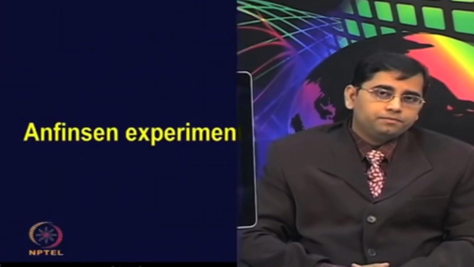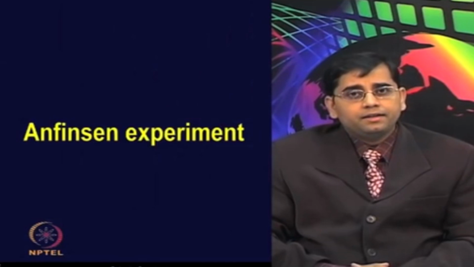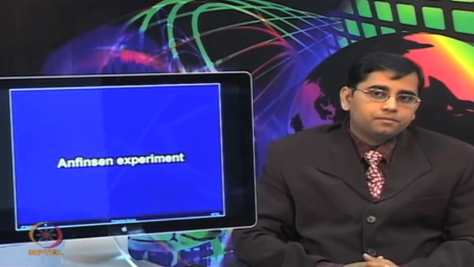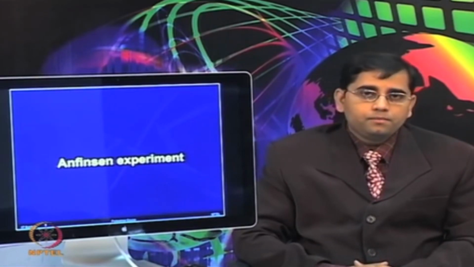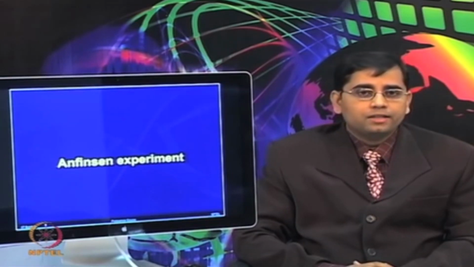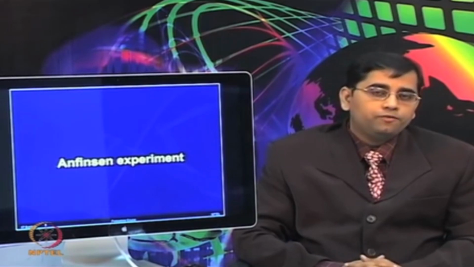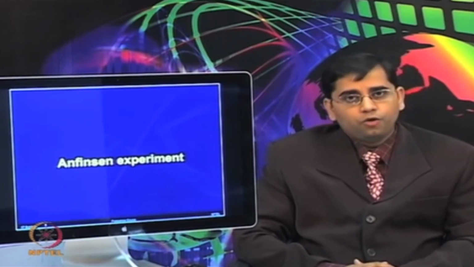Scientist Anfinsen did a classical experiment where he tested the ability of reduced and unfolded proteins to spontaneously fold into the native state by using the protein ribonuclease A. The experiment established that the primary amino acid sequence of a protein contains all the information required for proper protein folding into its native form.